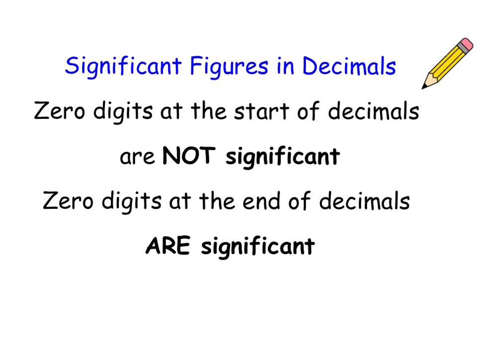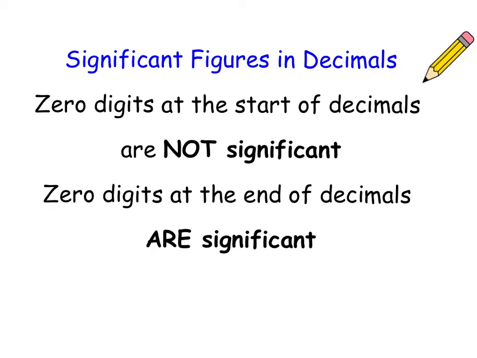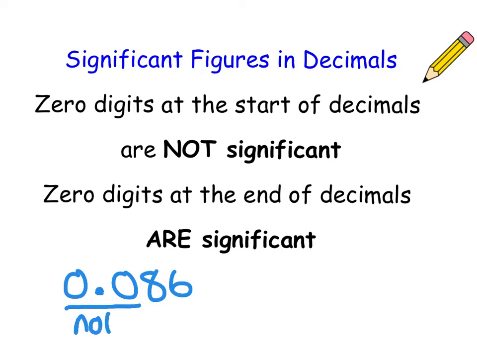So zeros at the start of a decimal are not significant. So what this means is if I've got a number like 0.086, these ones here are not significant. The first significant figure would count, or doing my wee dot system on, would be the 8 and the 6.